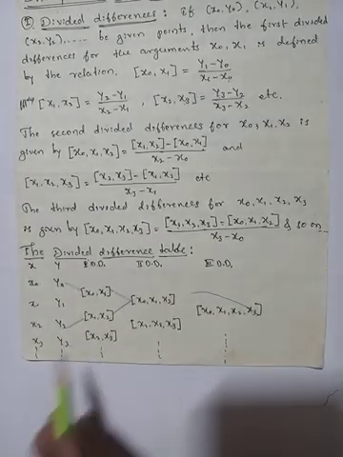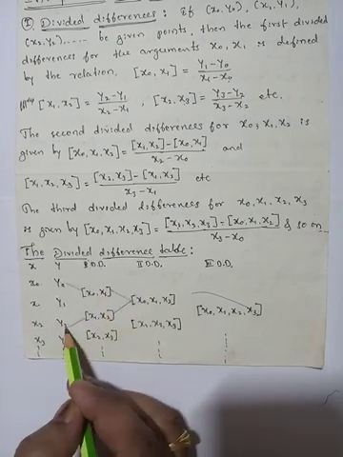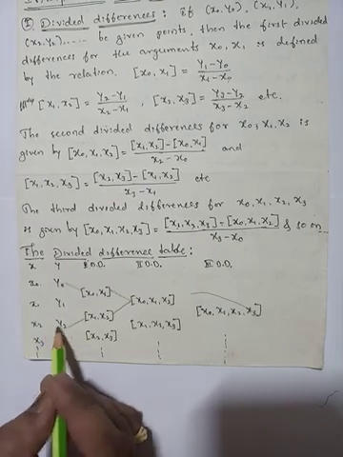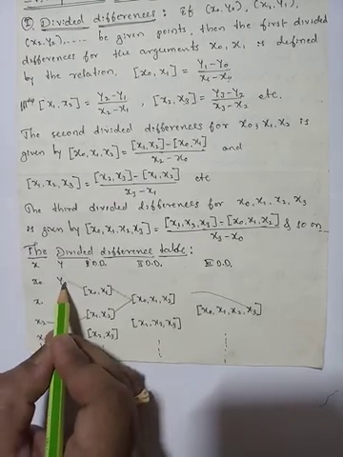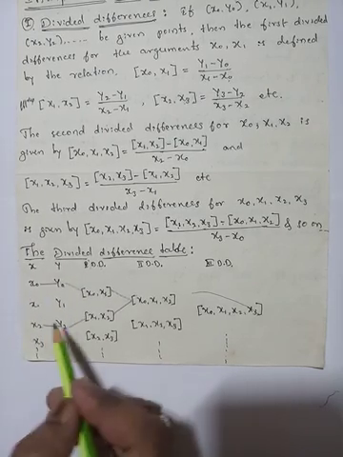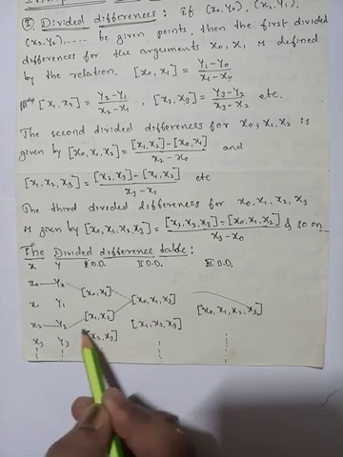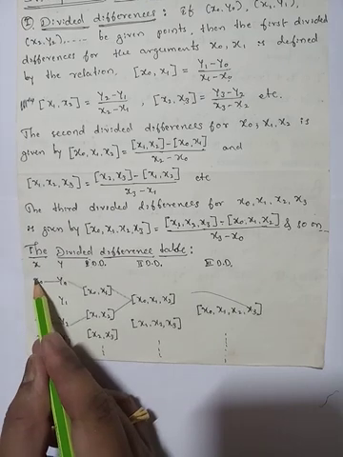The corresponding value of this y2 is x2 and the corresponding value of this y0 is x0, so this value minus this value divided by the values of x, x2 minus x0.